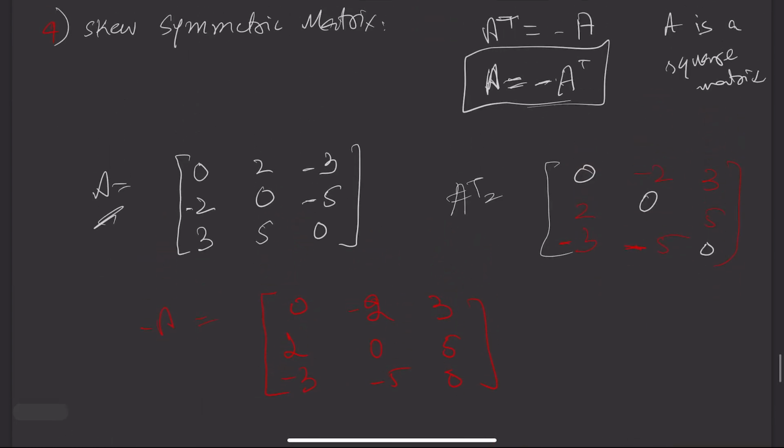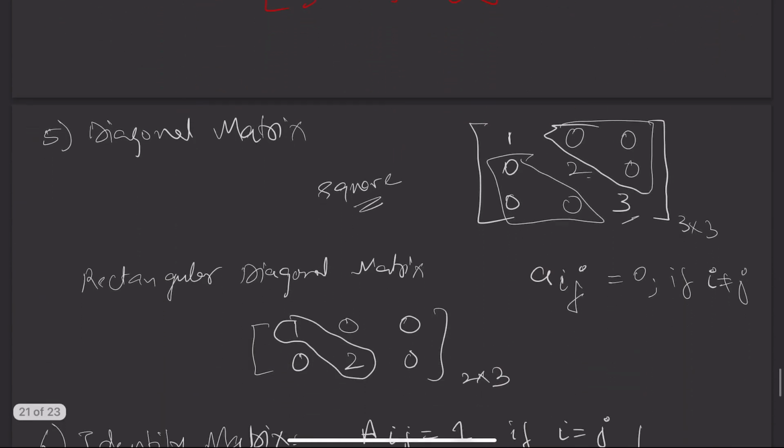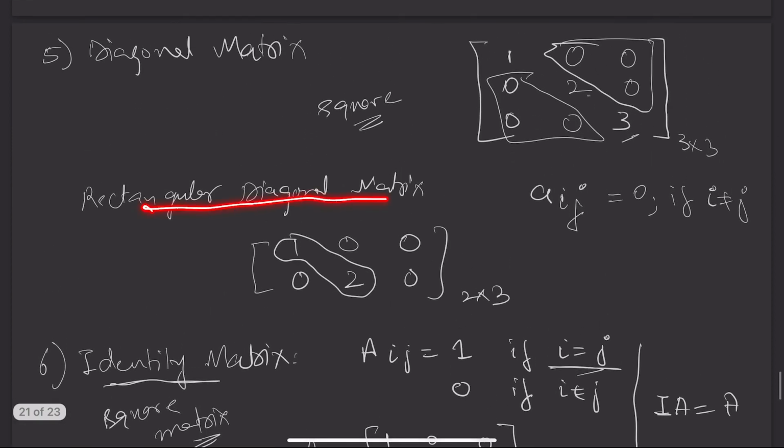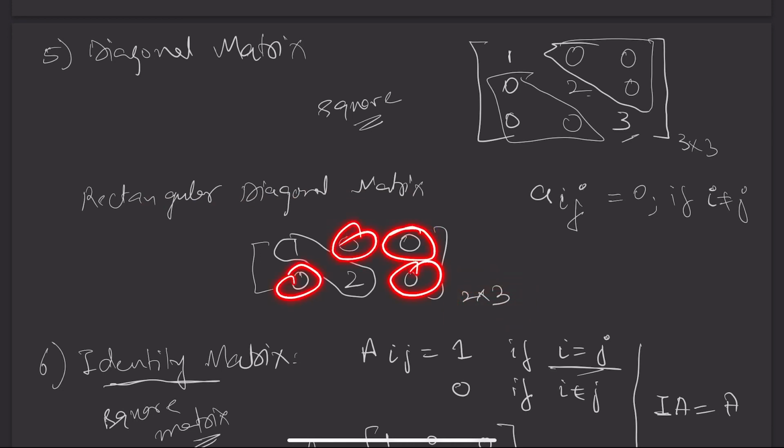And the important thing is that here all the diagonal elements are zero. Then we have a diagonal matrix where all the non-diagonal elements are zero and all the diagonal elements are non-zero. And then we have seen rectangular diagonal matrices, where the number of rows is not equal to the number of columns, and all the elements where i is not equal to j are zero.